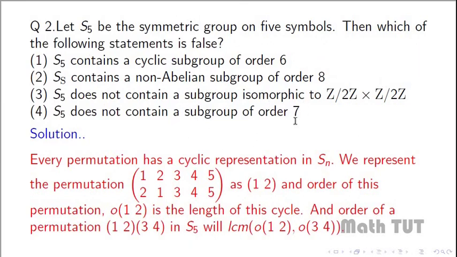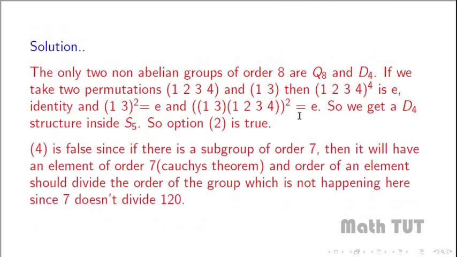It's a prime order group, so there will be an element of order 7, by Cauchy's theorem. We know that if there exists a finite group, and there exists a prime divisor of the order of the group, then that group will definitely contain an element of order p. So that idea I'm going to use here.